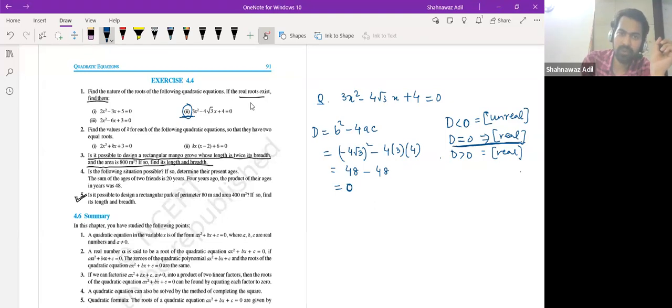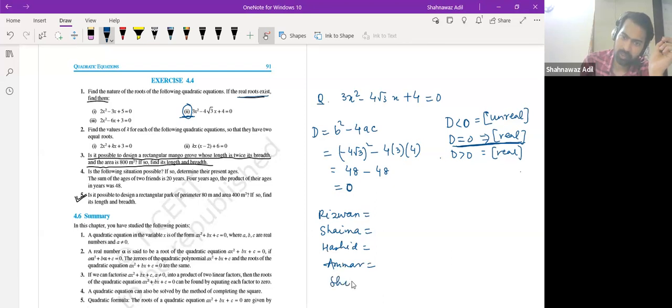And if roots exist, then we have to find the roots. So everybody, what was the root that you guys got? Okay, guys, so what is the root? 4 root 3 by 6.